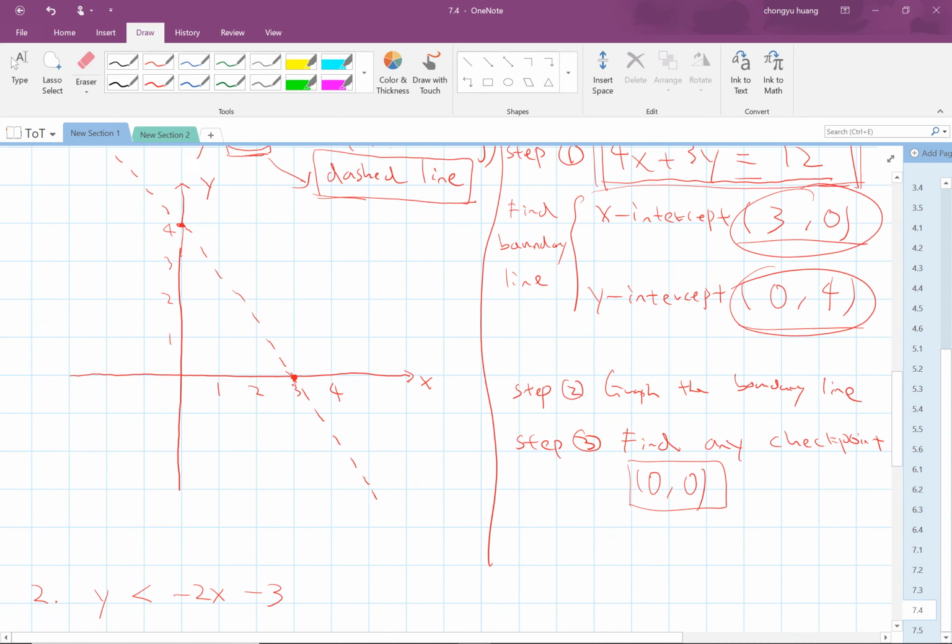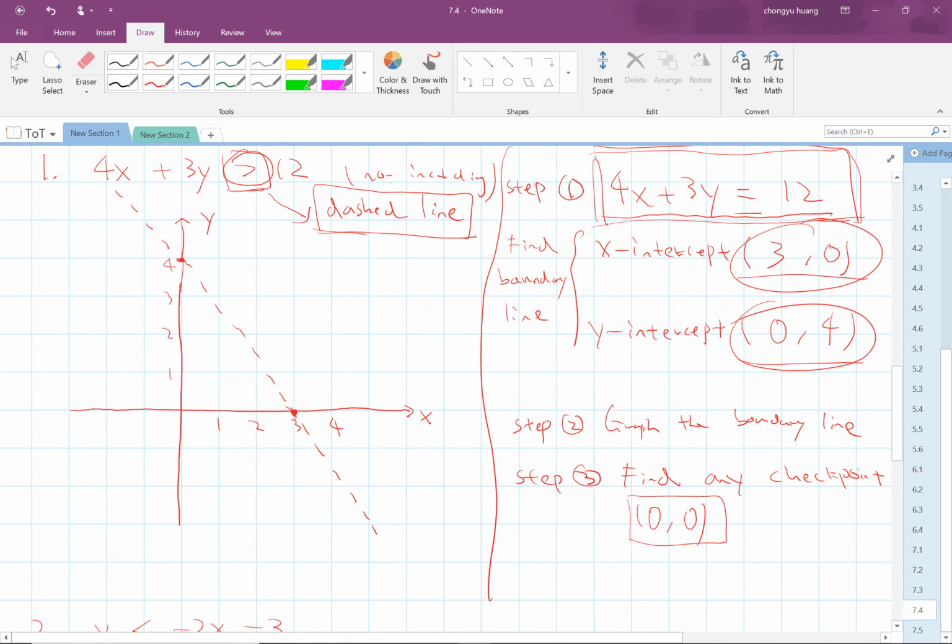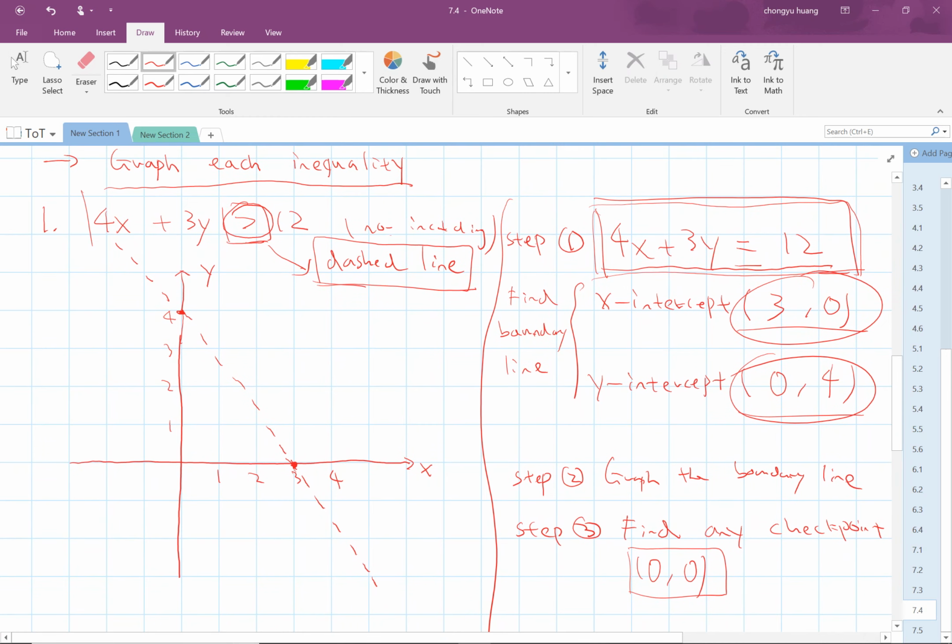The trick over here is you have to plug this checkpoint into the inequality.